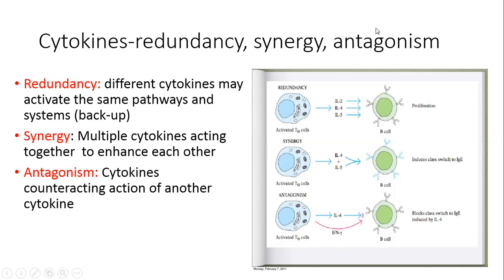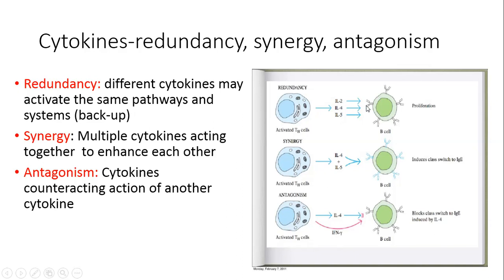For example, in this slide we see an activated T cell. An activated T cell can release interleukin-2, interleukin-4, and interleukin-5. In all three cases, they result in the proliferation of B cells.